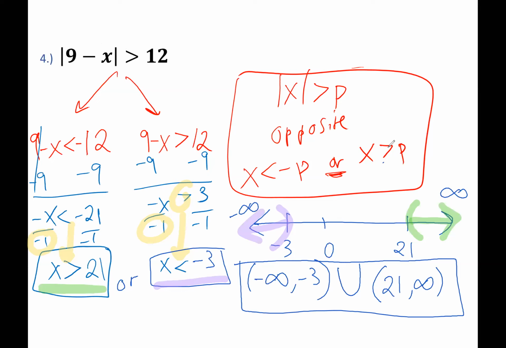So the main idea in all these different problems is you should be getting two parts to your answer. For greater than, it really is two different intervals with a union in between. For less than, there's still those two endpoints, so you're in between those two endpoints. Okay, good. So I think we've made it.